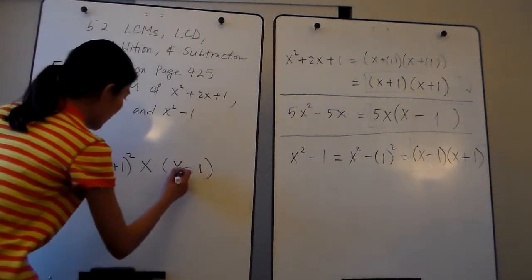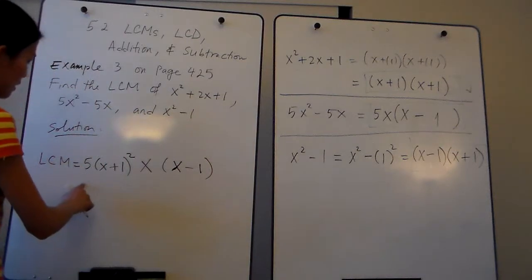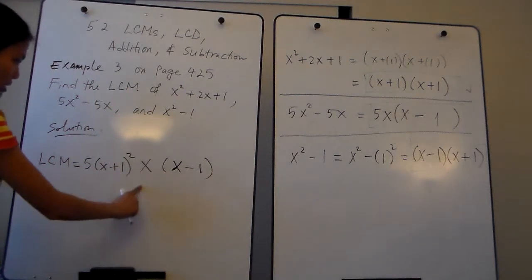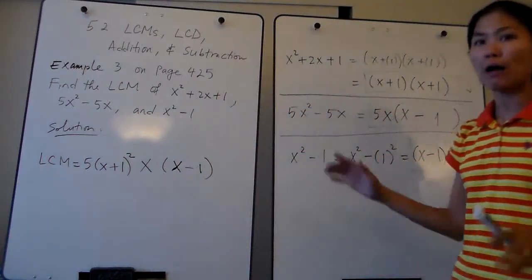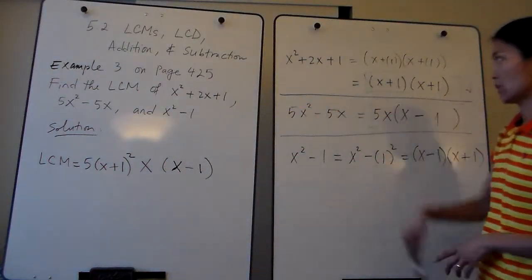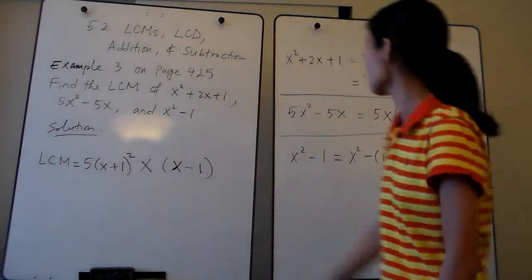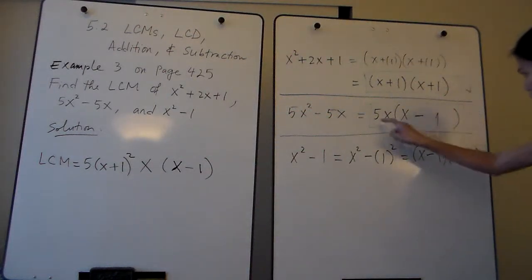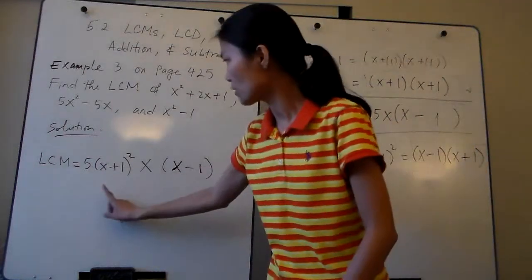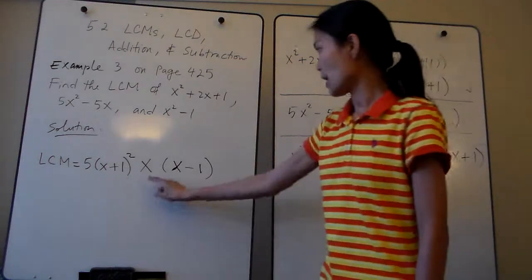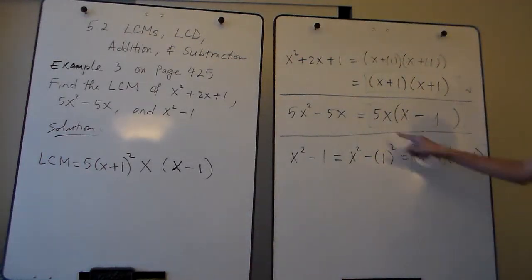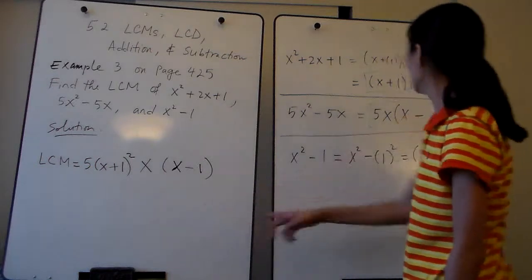All right, now we have 5, we have x plus 1 squared, we have x minus 1. Now let's double check if we actually include all factors in these three expressions. We include 5, the constant. Is there a 5 here? Yep, there's 5 here. Okay, good. So 5 is good. How about this one, x plus 1? Is there x plus 1? Yes, there's x plus 1. Is there x? Yes. How about x minus 1?